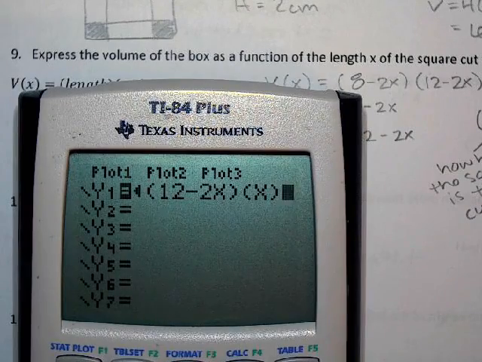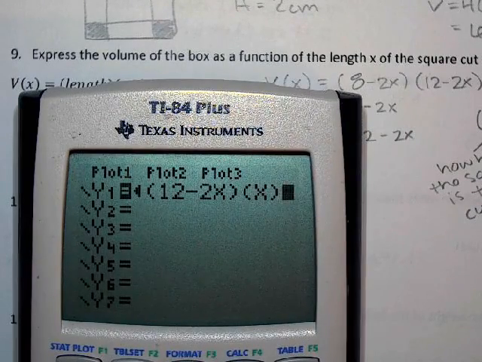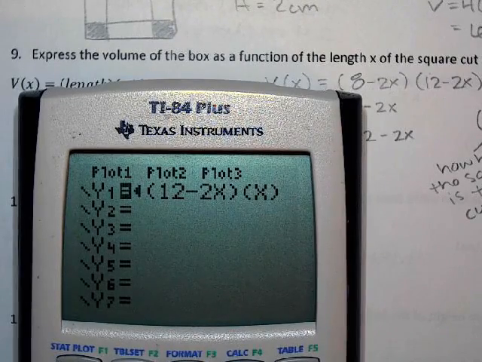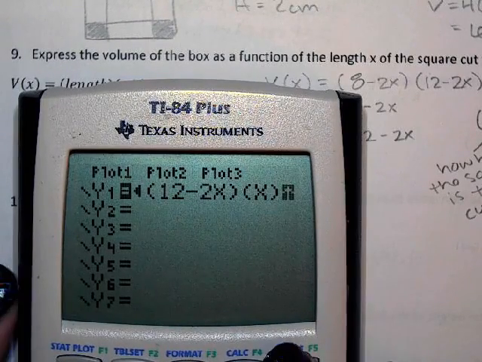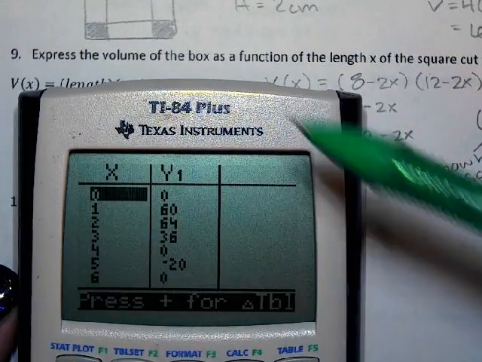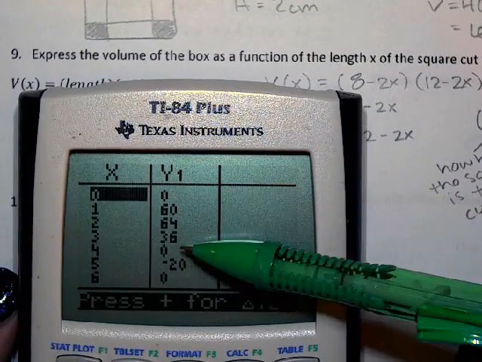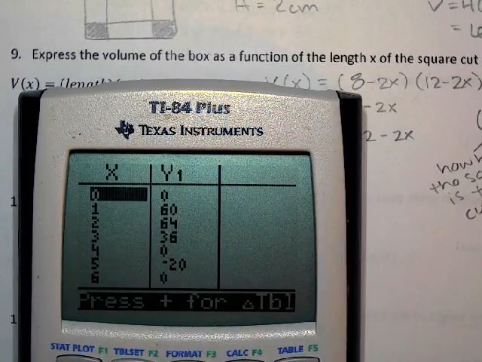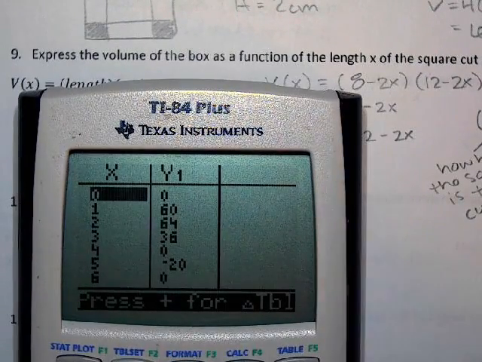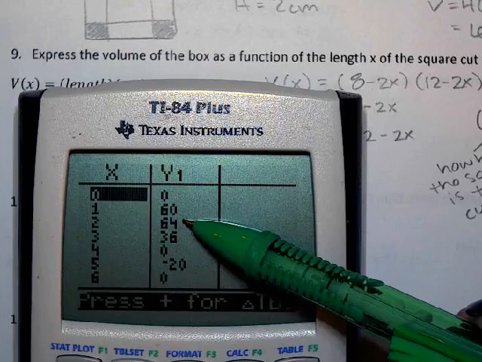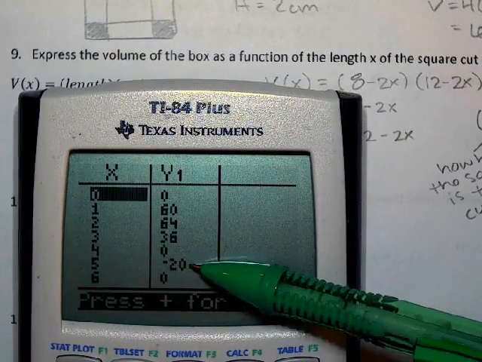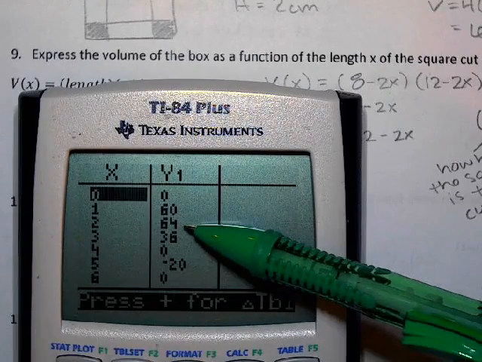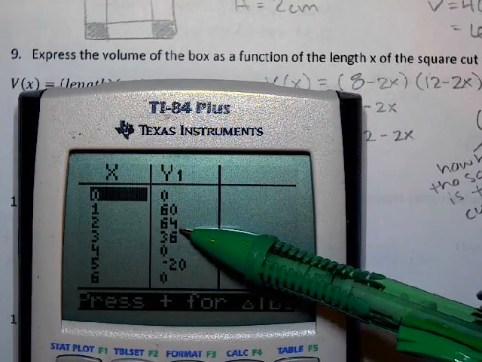So here, instead of having a projectile motion go up in the air and come down, I have volumes that make sense, and I have volumes that don't make sense, okay? A volume of a box being 64, that makes sense. A volume of a box being negative 20, that does not make sense. Would you guys agree? Okay, so here we can see that 64 is the biggest number on here, so I want my y max to be something bigger than 64.